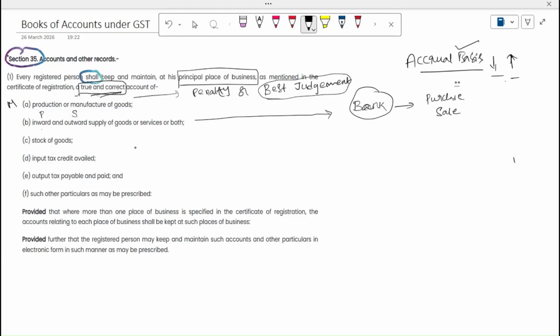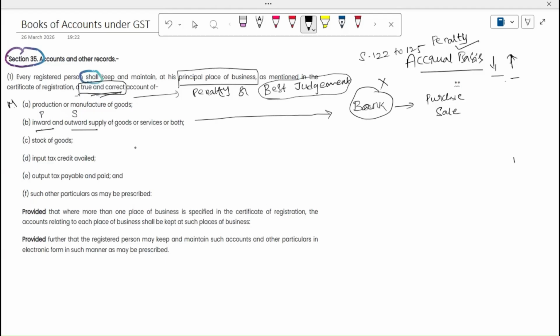If I maintain them on bank basis, then it is not a proper maintenance of books of accounts. So for all this, there are penalties under section 122 to 125, where a GST officer can levy penalty. Why penalty? They are expecting that you maintain true and correct purchase, true and correct sale. If you fail to maintain that, they are going to punish.